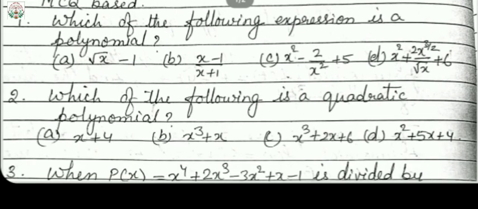So that means 2x to the power 3 by 2 into x to the power minus 1 by 2, because root x will go up and it will become x to the power minus 1 by 2. Now you have to simplify the powers of x, that is x to the power 3 by 2 minus 1 upon 2.